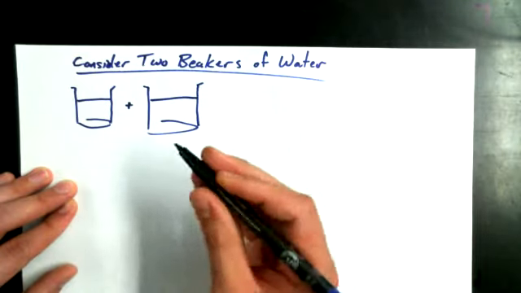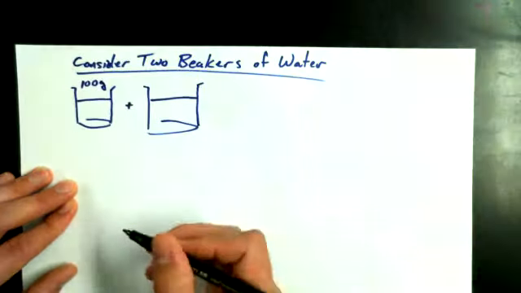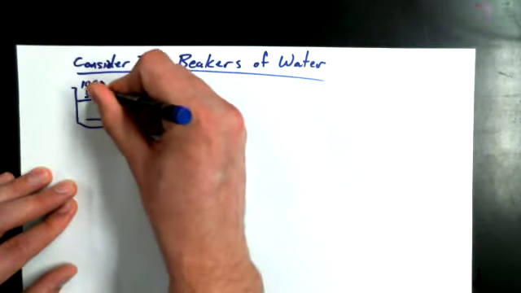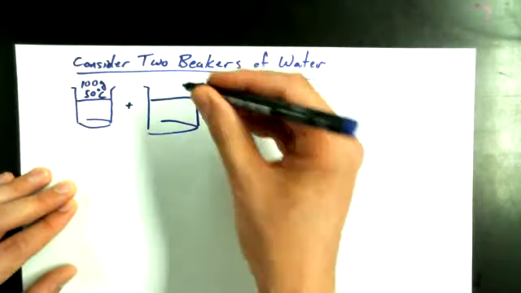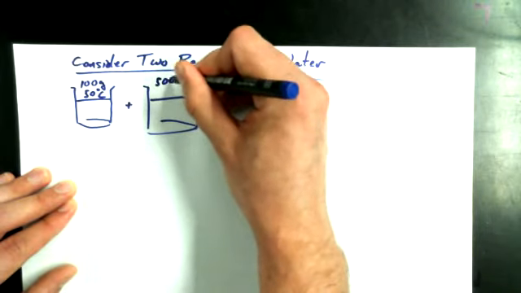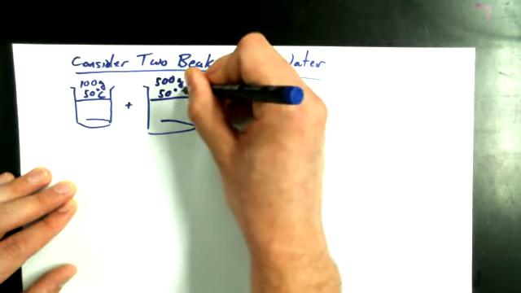I'll give you some of their properties. One of these beakers of water is 100 grams, and it's been observed to be 50 degrees Celsius. And the other container of water is 500 grams, and it was observed to also be 50 degrees Celsius.